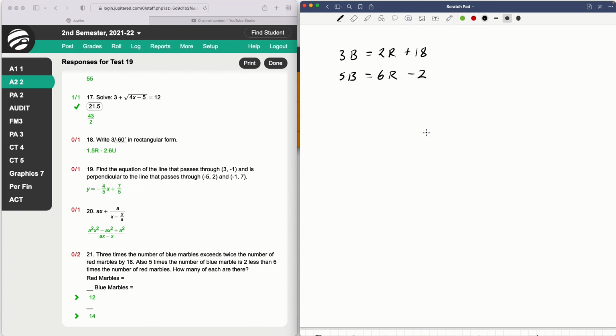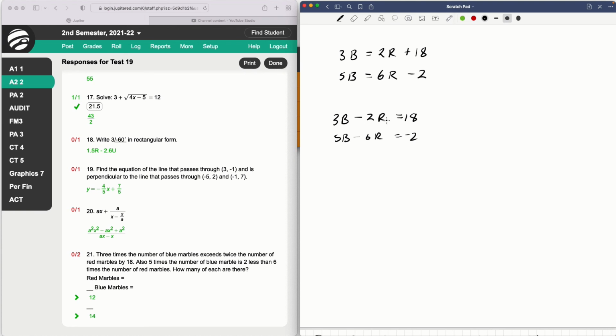So let's eliminate. 3b minus 2r equals 18, and 5b minus 6r equals negative 2. So I just subtracted the r's from both sides so it could be set up the way that we're used to. All right, I'm going to multiply this one by negative 3, right?